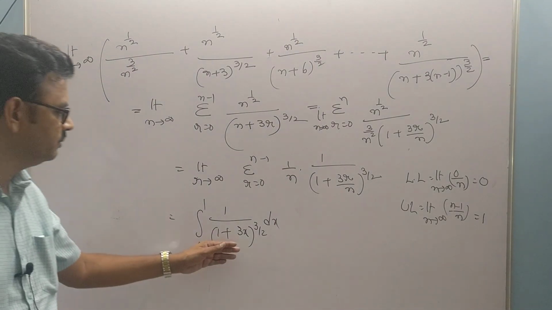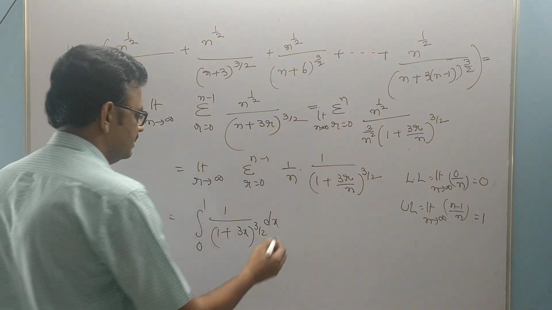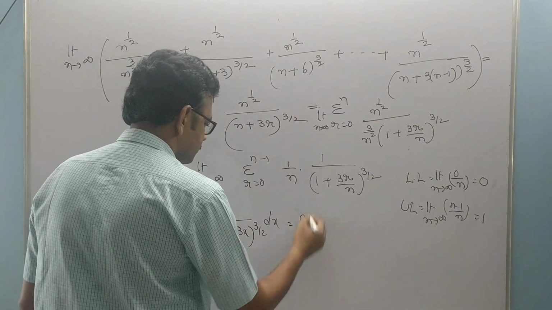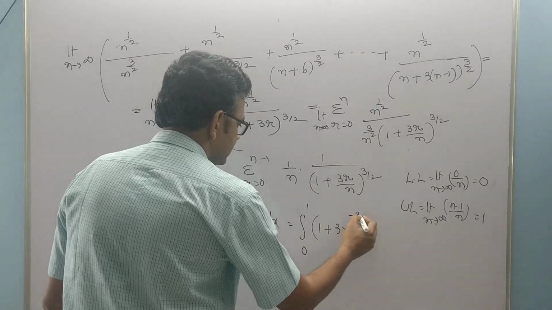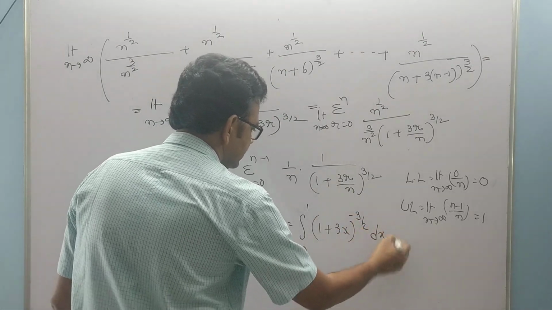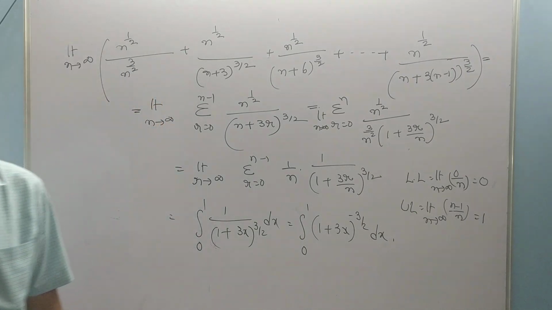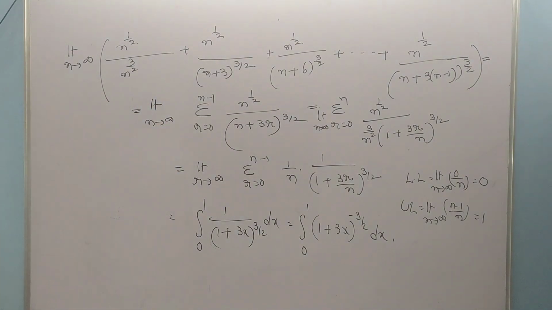Okay? I think you know how to integrate this. You write the integral from 0 to 1 of (1 plus 3x) to the power minus 3 by 2 dx. This is of the form x to the power of n.